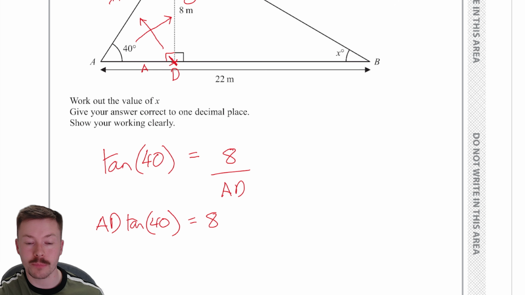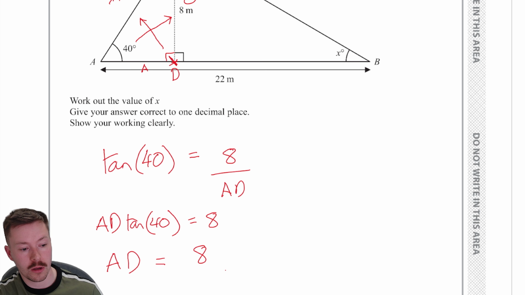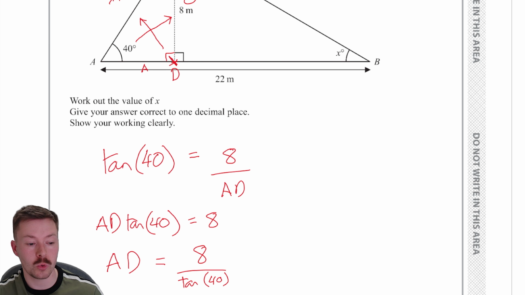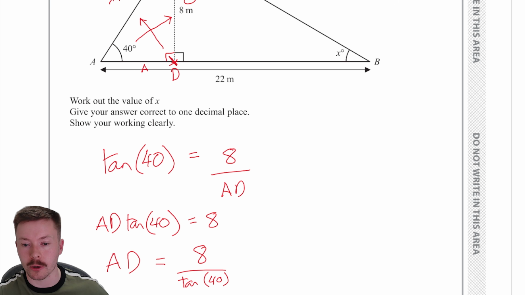And then I'm going to divide both sides by tan 40. So I get AD is equal to 8 over tan 40. Now, if you're somebody who uses the trigonometry triangles, you would have got it rearranged automatically from your triangle.